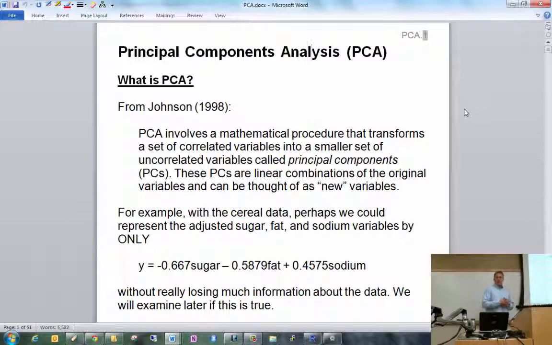PCA involves a mathematical procedure that transforms a set of correlated variables into a smaller set of uncorrelated variables called principal components. These principal components, or PCs for short, are simply linear combinations of your original variables of interest.